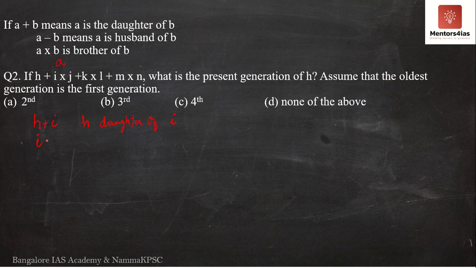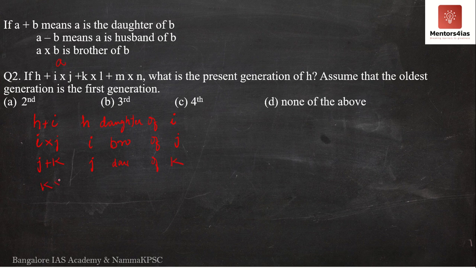Next we have I cross J. What does I cross J mean? I cross J means I is the brother of J. Okay. Next, what do we have? We have J plus K. What does J plus K mean? J is the daughter of K. Then what do we have?